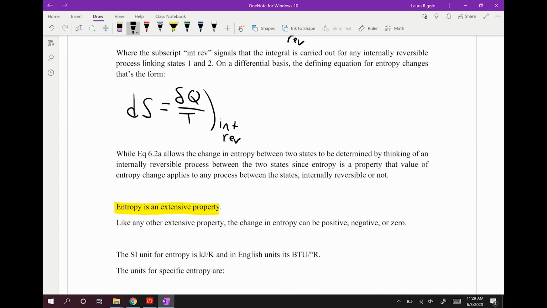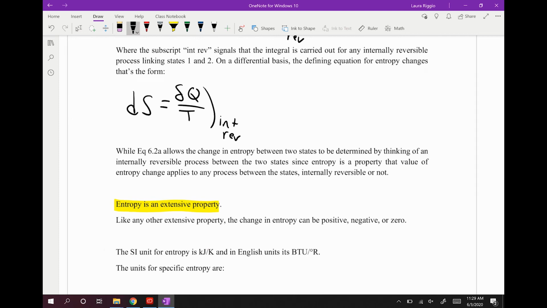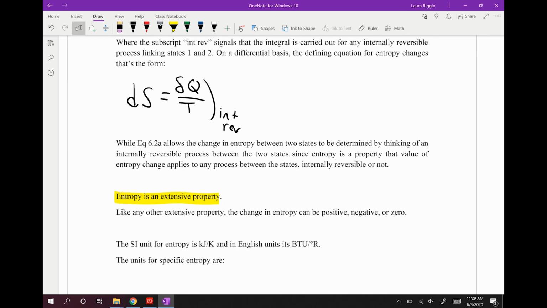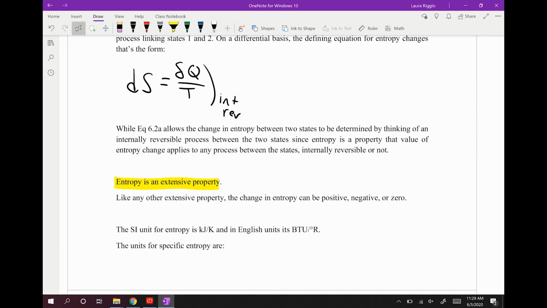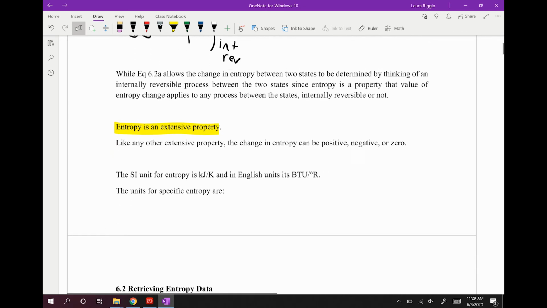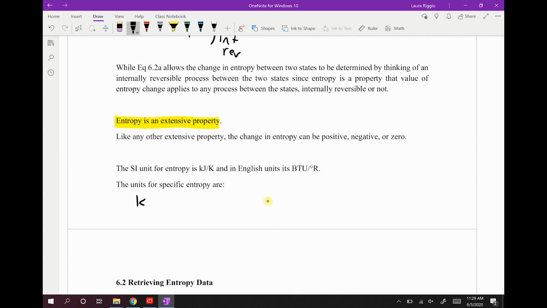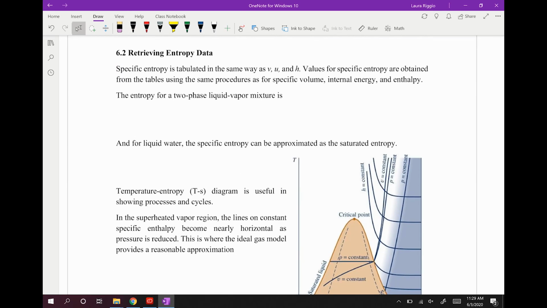Entropy is an extensive property, and like any other extensive property, the change in entropy can be positive, negative, or 0. The units for entropy are kilojoules per Kelvin or BTU per degrees Rankine, and the units of specific entropy are kilojoules per kilogram Kelvin or BTUs per pound mass degrees Rankine.